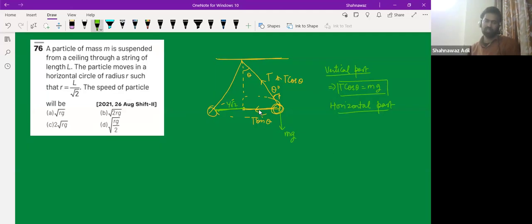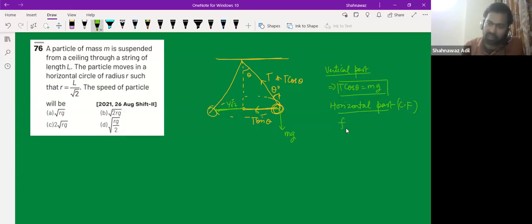This is moving in a circle, right? So if you hang something and then rotate it, so centripetal force. Yes, Maria, that is correct. So we have centripetal force, right? And what is providing that centripetal force? The T sine theta, the sine component of tension, is providing the centripetal force.